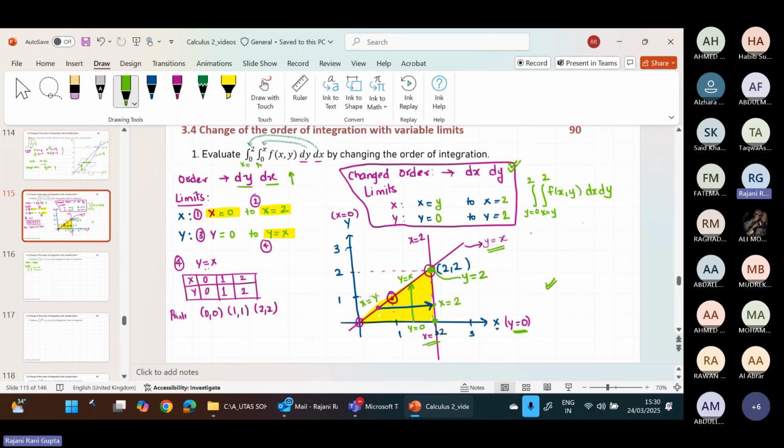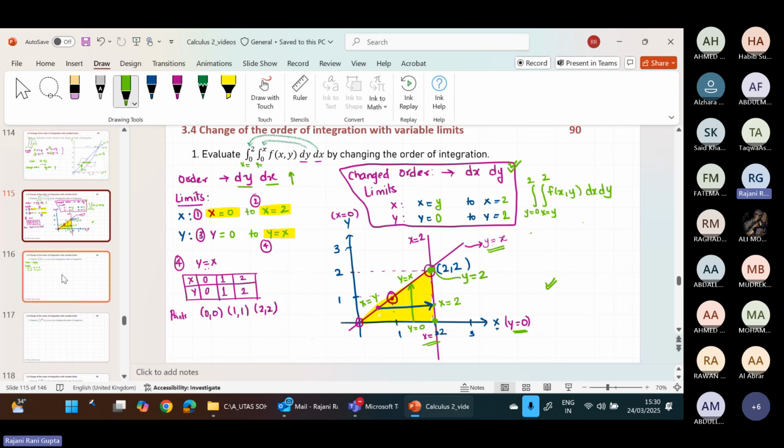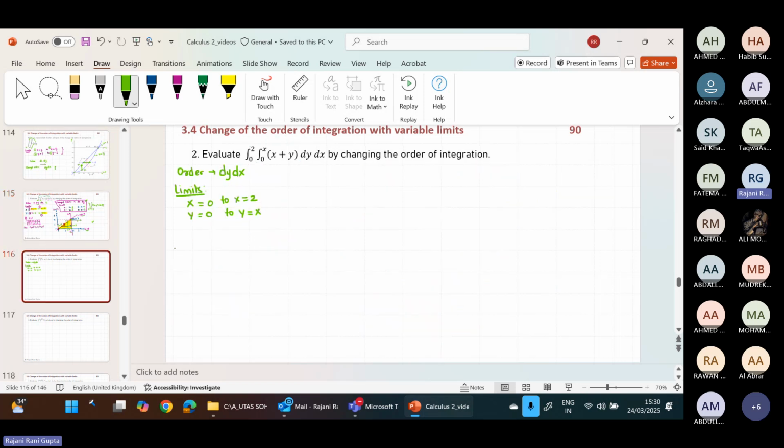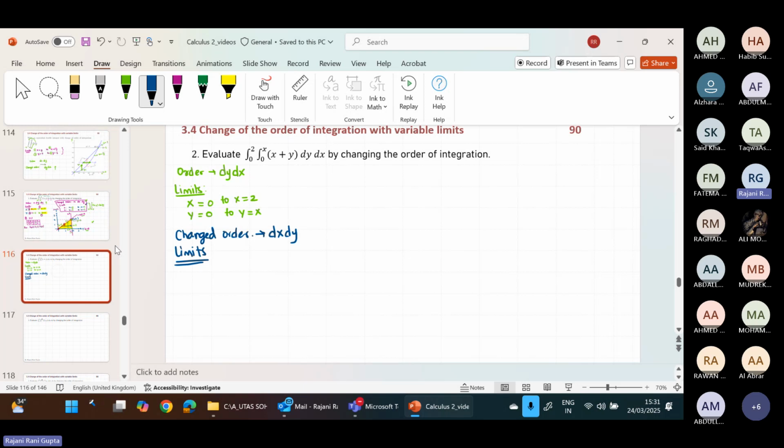Again, you will be drawing a diagram similar to this. You get these limits of integration because x is from 0 to 2 and y is from 0 to x. So the changed order will be dx dy with the limits: x equal to y to x equal to 2, and y equal to 0 to y equal to 2.